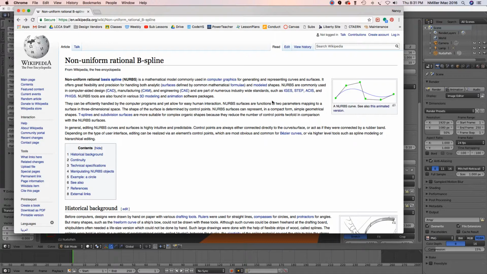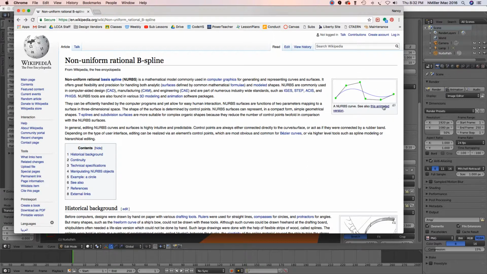With 3D modeling you're also dealing with depth. So it's just a mathematical way, this is the way I understood it, of planning and creating shapes in a 3D space. So they use it in 3D modeling, they use it in CAD programs.